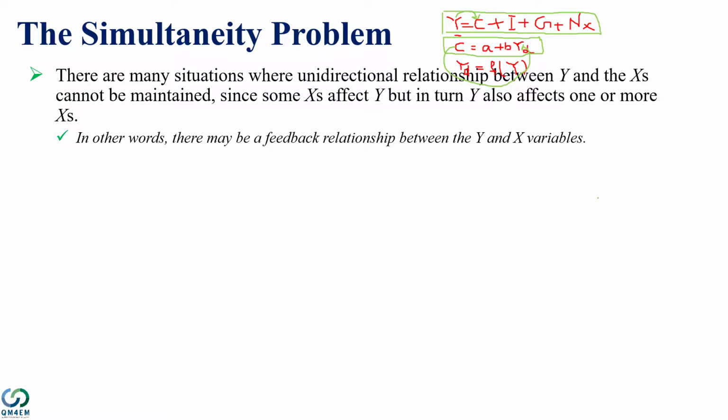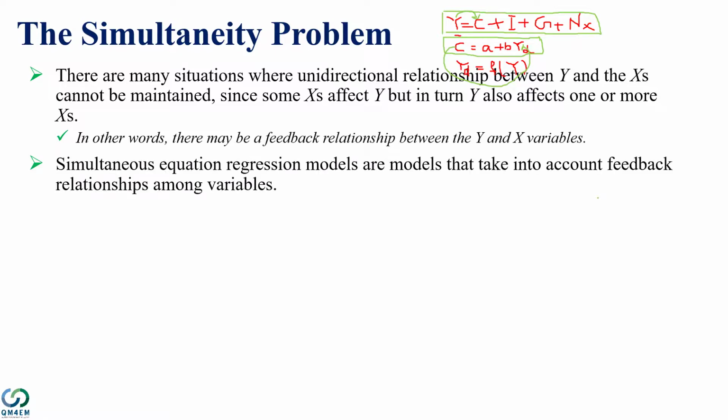y or output is a function of consumption, investment, government spending and net exports, and then in return consumption is a function of income. So it's a kind of two-way mechanism, or two-way relationship, working between the dependent and independent variables.